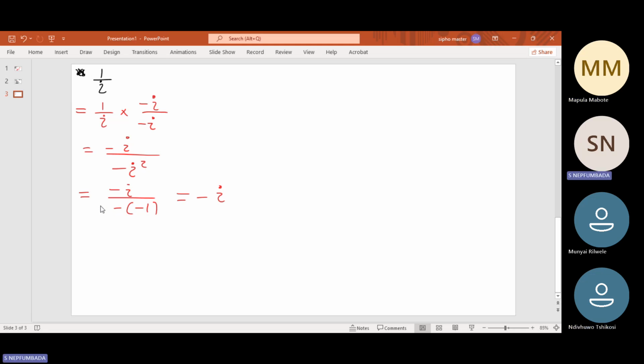Now you understand the complex conjugates. I introduced it yesterday.